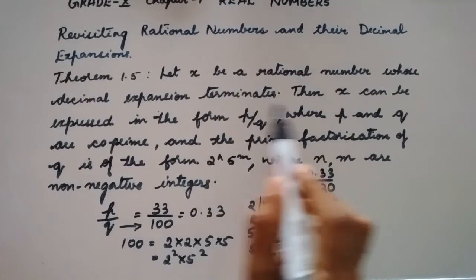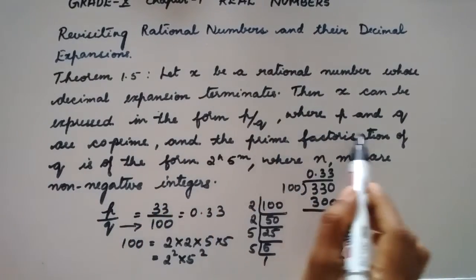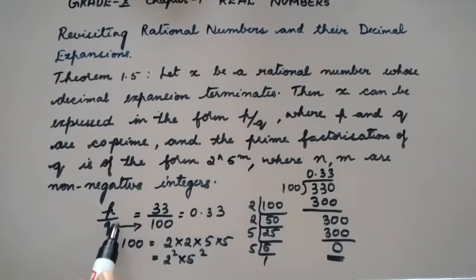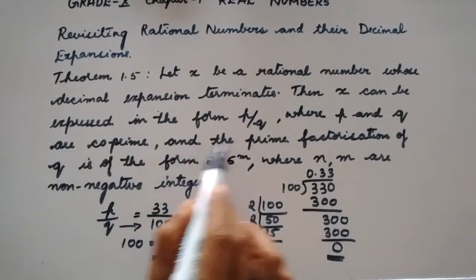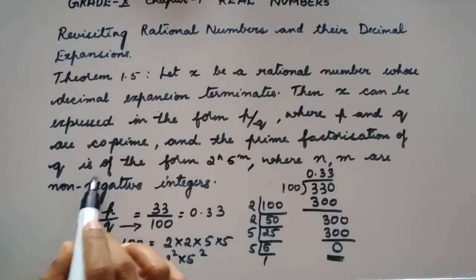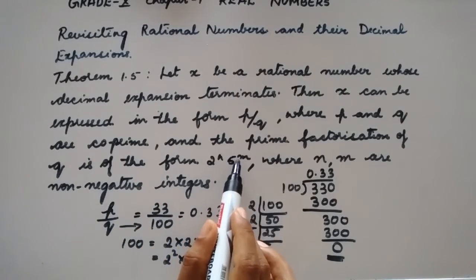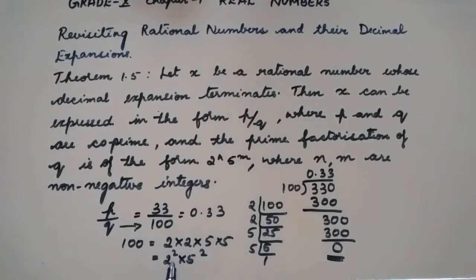Now I have factorized q, that is 100. And the prime factorization of q is of the form 2 to the power n into 5 to the power m, isn't it, students, where n and m are non-negative integers. So 2 is a non-negative integer, it is a positive integer.